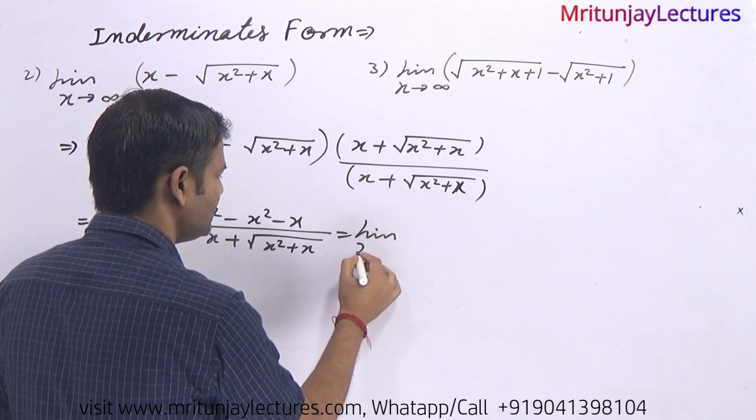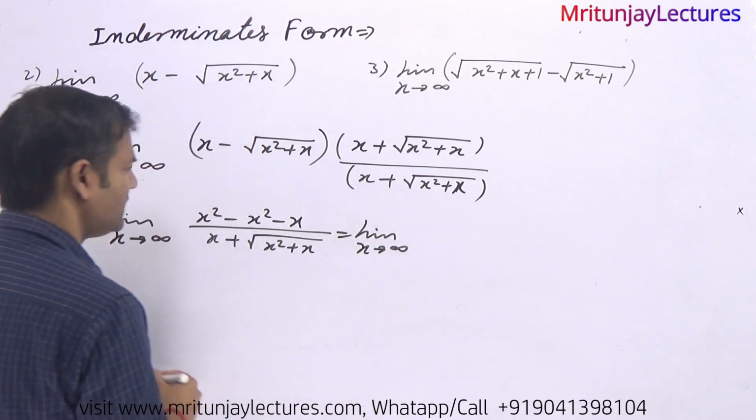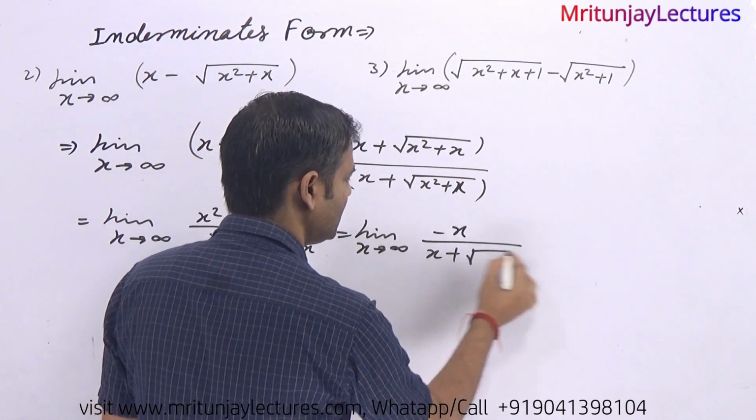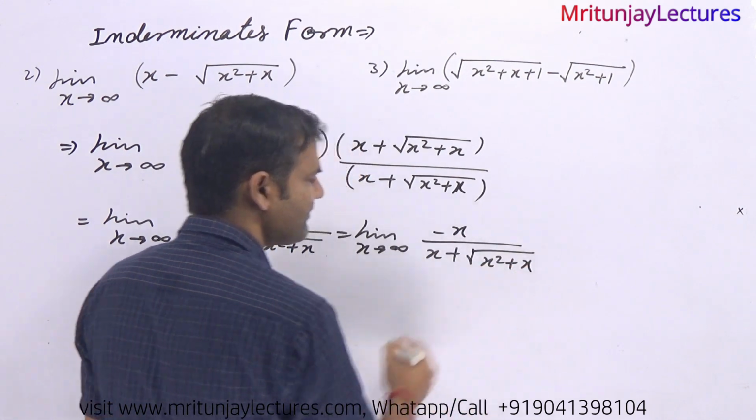If we put x tends to infinity, then we get minus x divided by x plus under root of x square plus x.